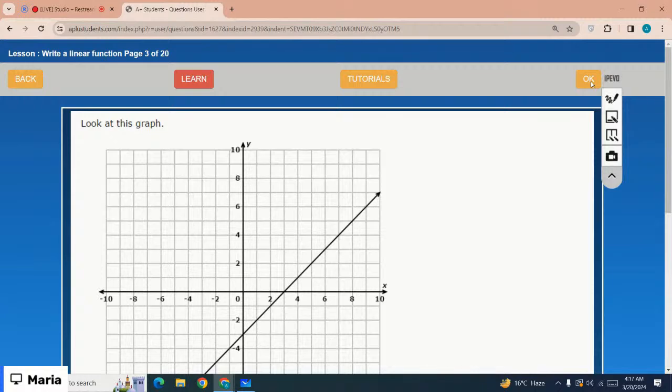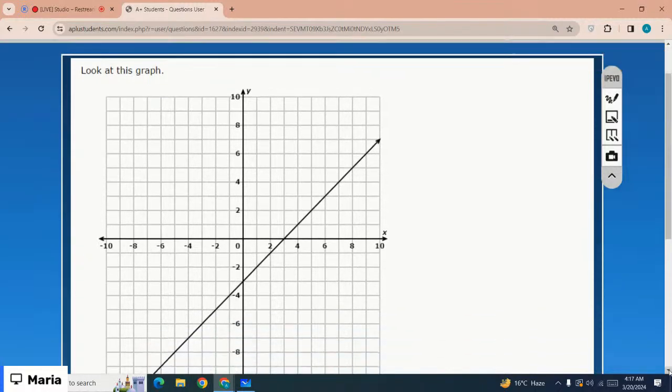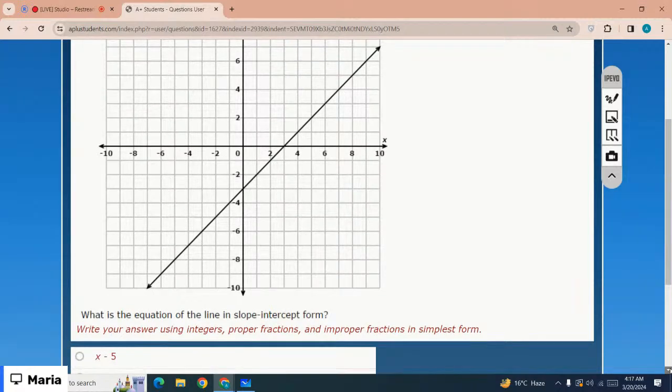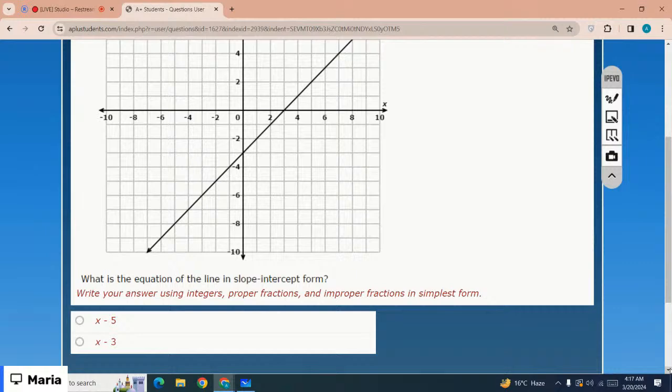Okay, look at this graph. What is the equation of the line in slope intercept form? So which is the correct option? Yes, the correct option is x minus 3, option number 2 is the correct option, right?